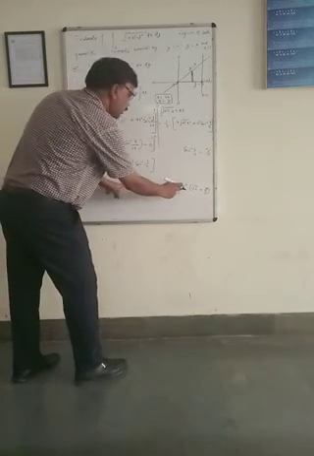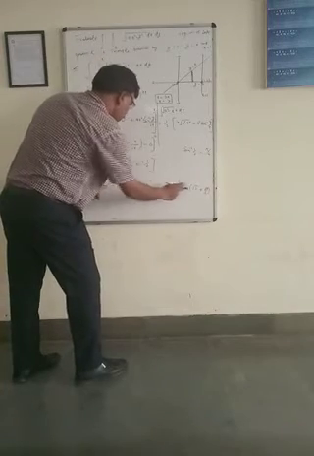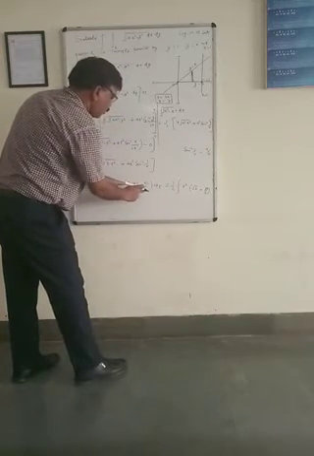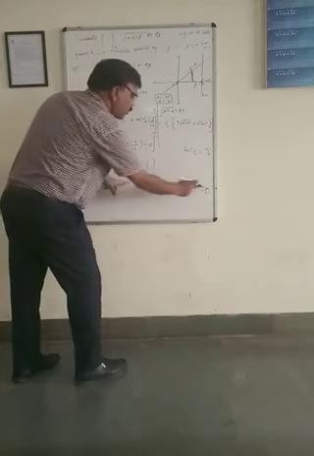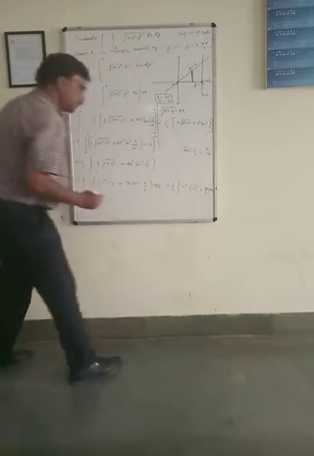Taking 4x square common, the remaining terms are root 3, 2 by 3 and pi also, so it is dx.